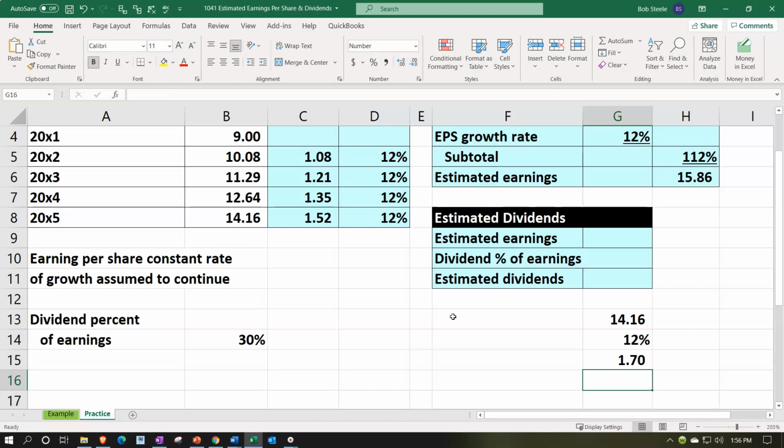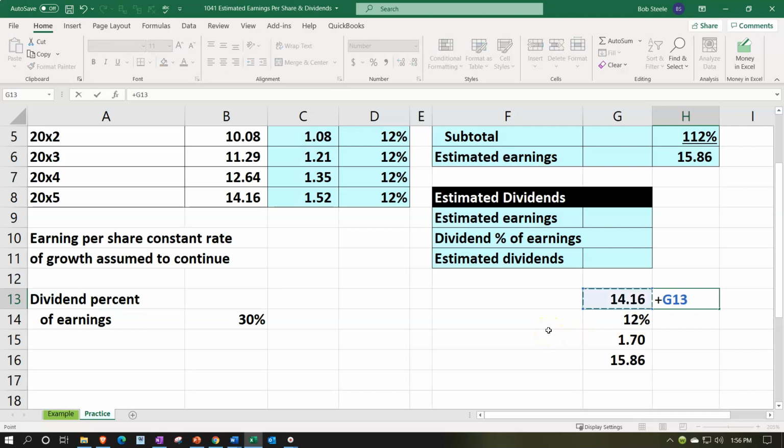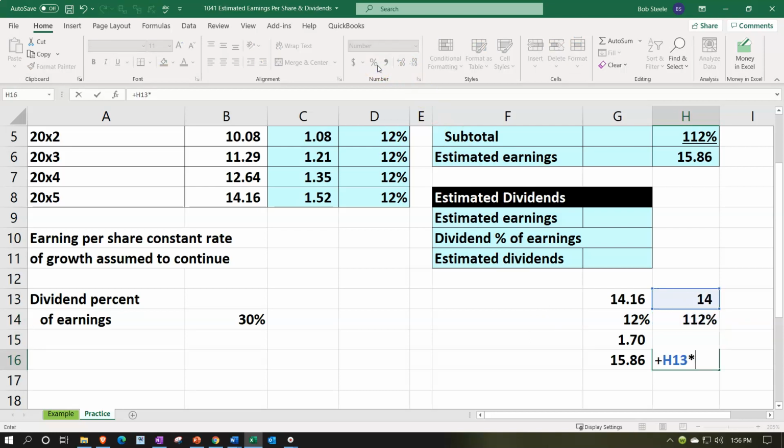And then, of course, I have to add that back to the beginning number, which would give us, once again, our 15.86. The way we did it is we took that same 14.16 and we took 112%, 12% plus 1, making that a percent.